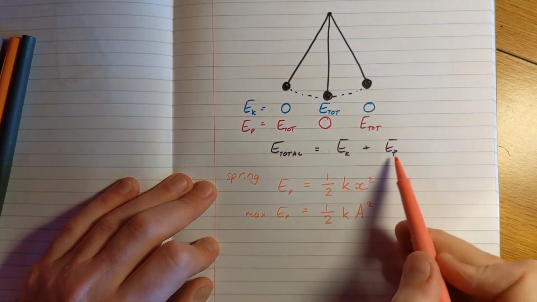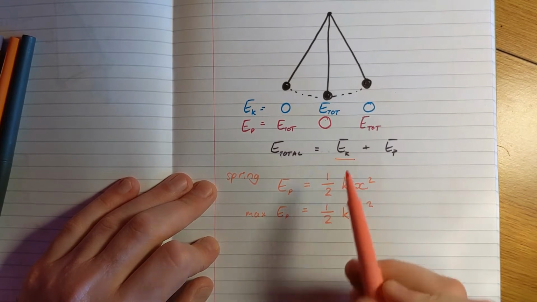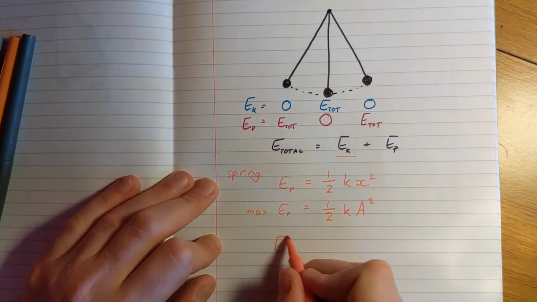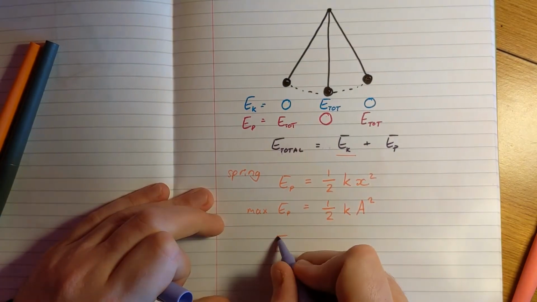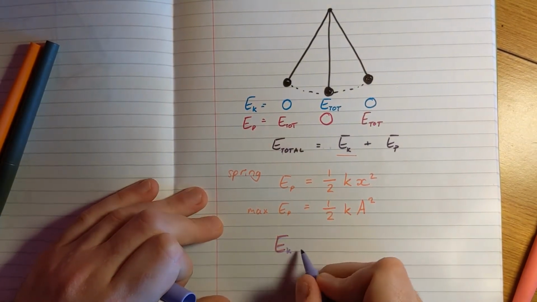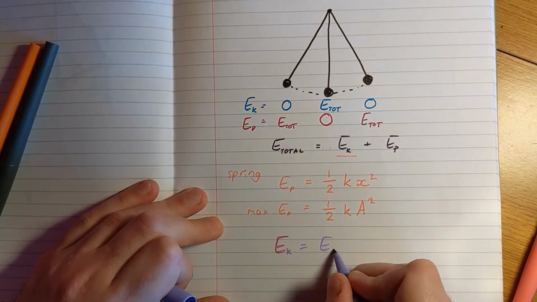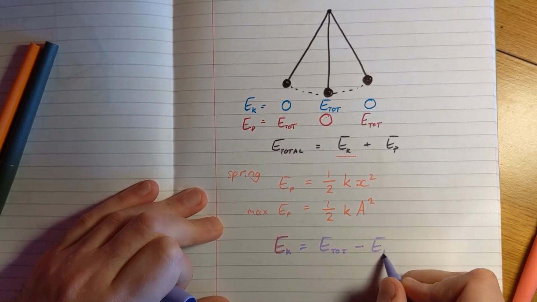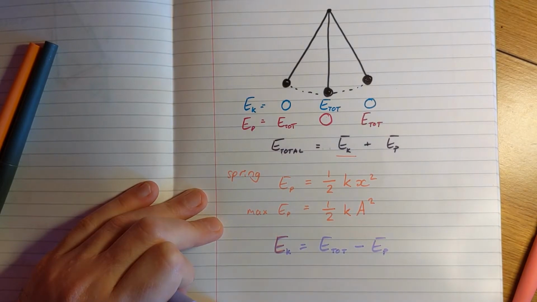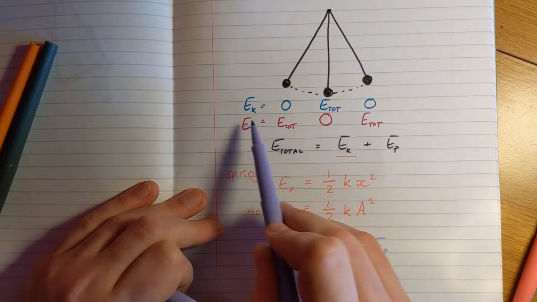Now we can rearrange this equation here for EK. EK, our kinetic energy, is equal to our total energy, take away our potential energy. And we know that our E total is the same as our maximum EP.